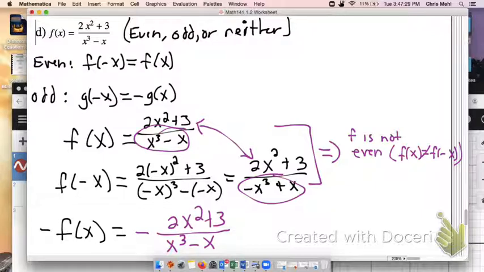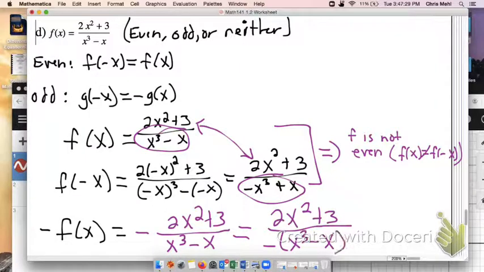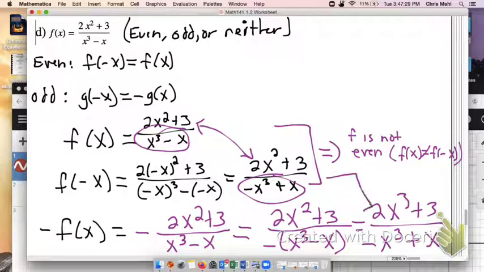The only way that minus f of x and f of minus x are the same is if you distribute the negative sign, you have a choice. You can distribute it to the top or bottom. You want to keep the top the same. Okay, but that negative can be brought to the denominator and then distributed. So I'd get minus x cubed plus x. And you'll notice that these two are now identical.